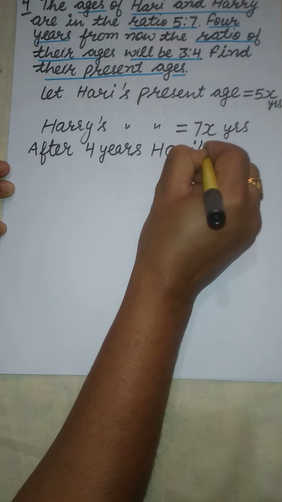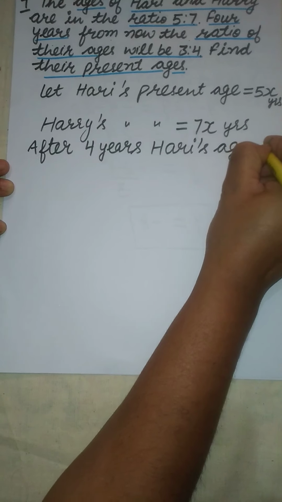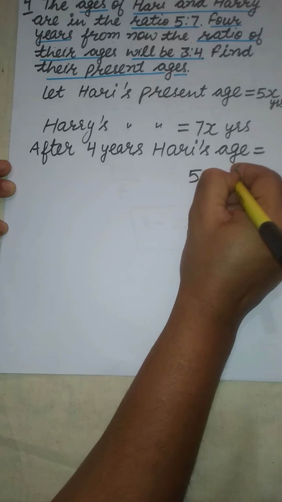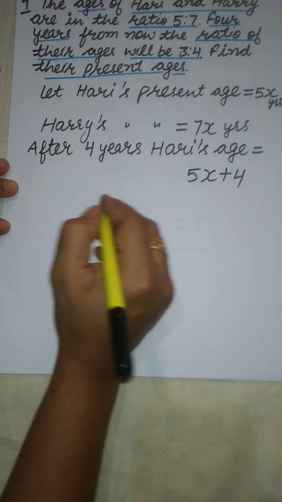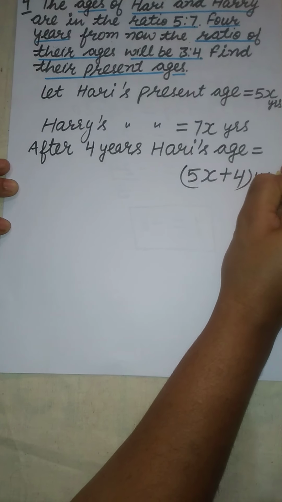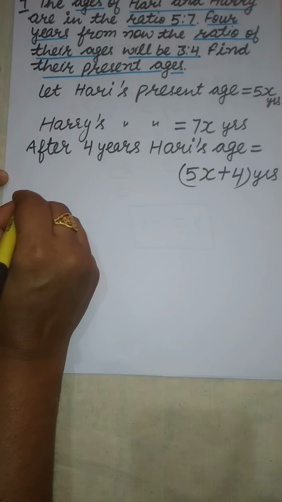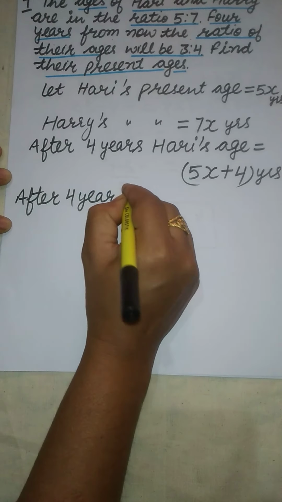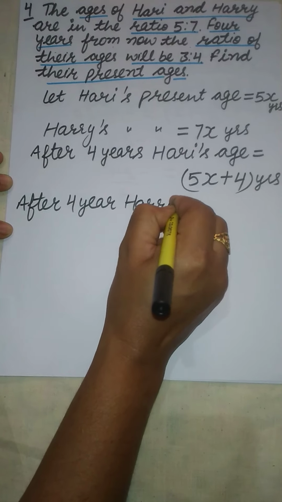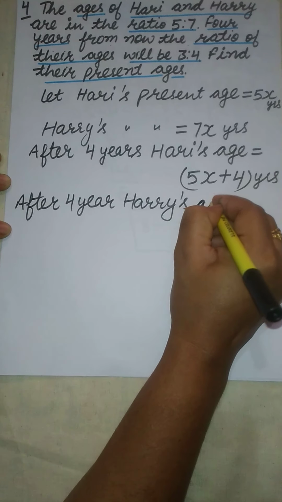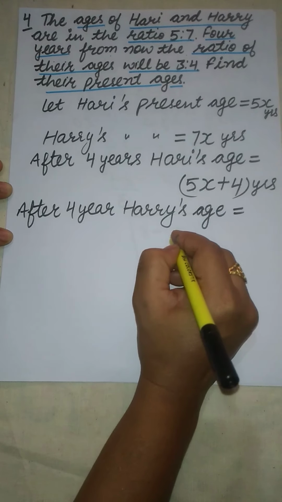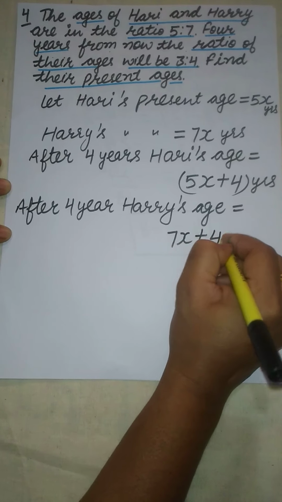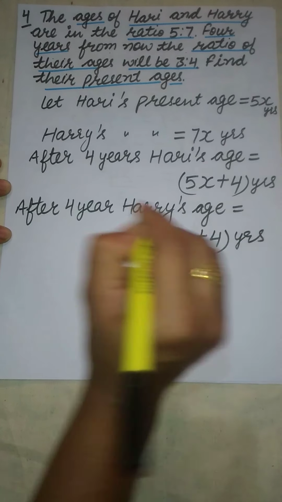Hari's age is equal to 5x plus 4 years, and after 4 years, Harry's age is equal to 7x plus 4 years.